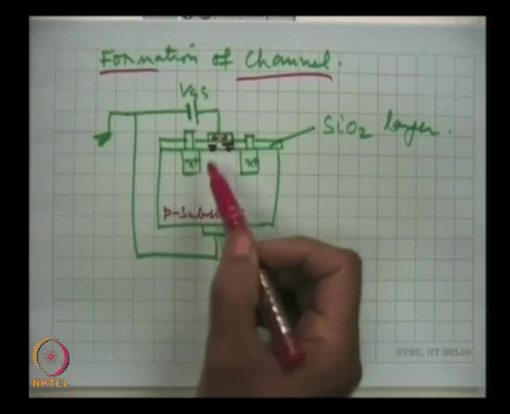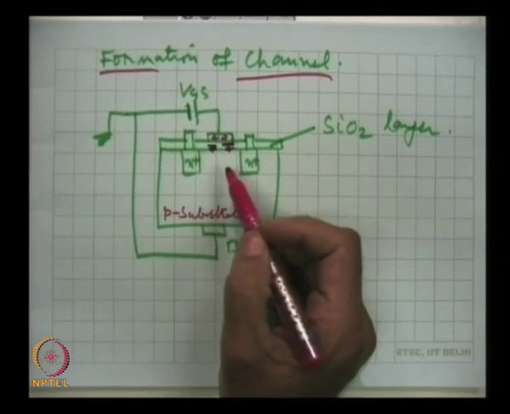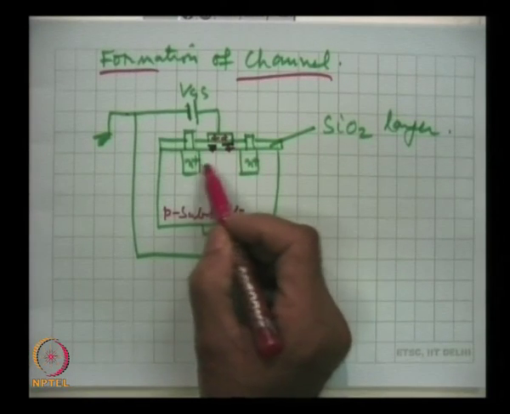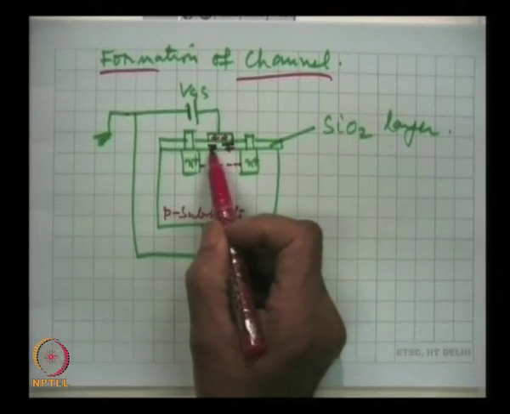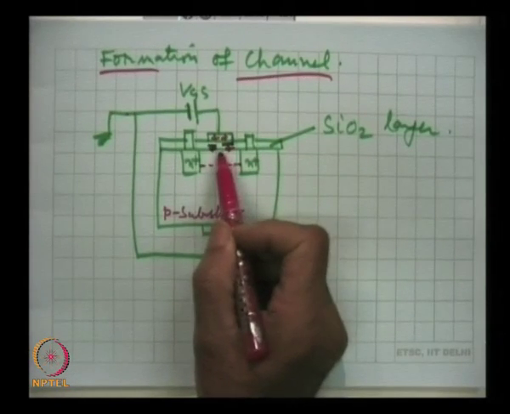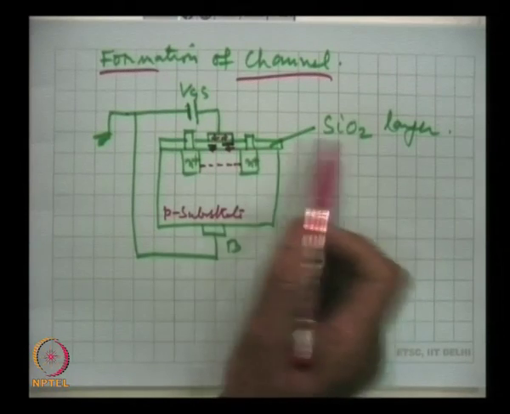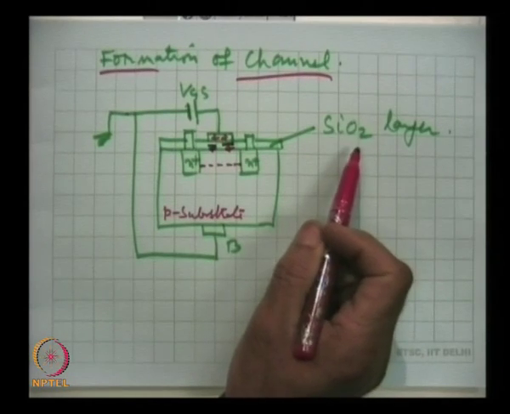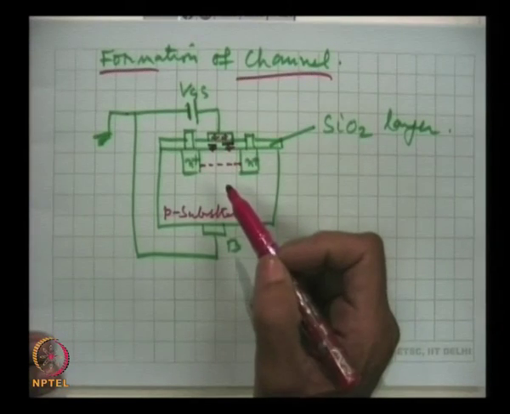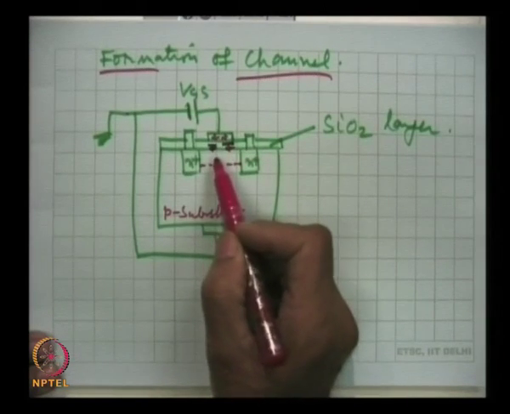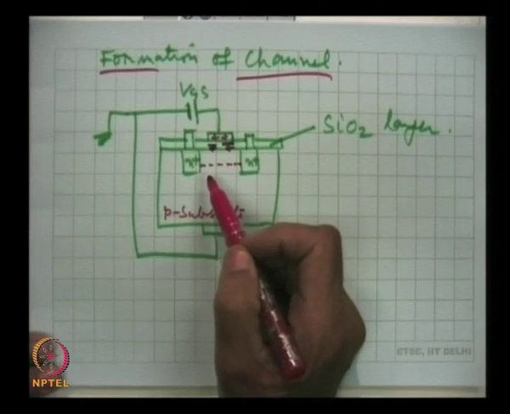These positive charges will repel certain holes from this channel region. Holes will be repelled by this induced positive field through SiO2. So, holes will be repelled, and that means in this region there will be reduction in the hole density.